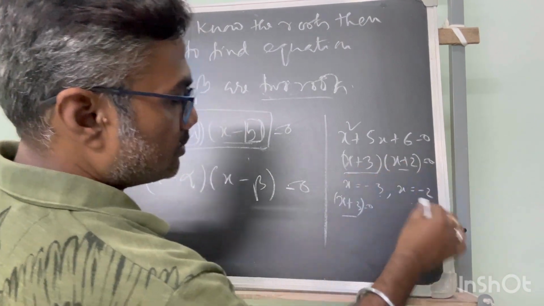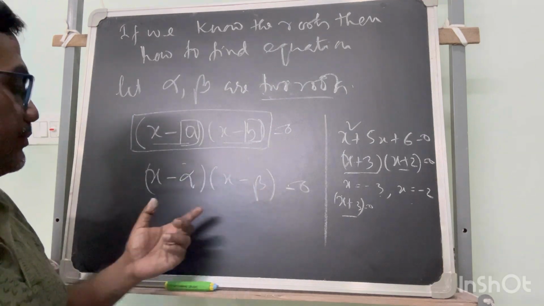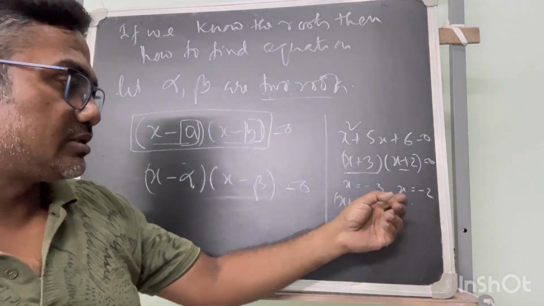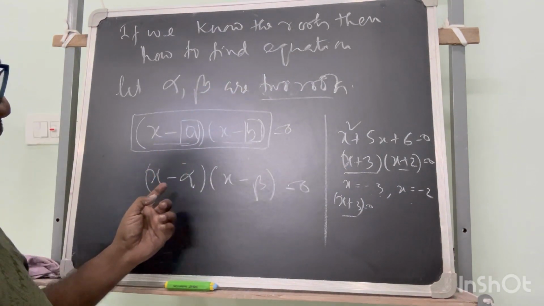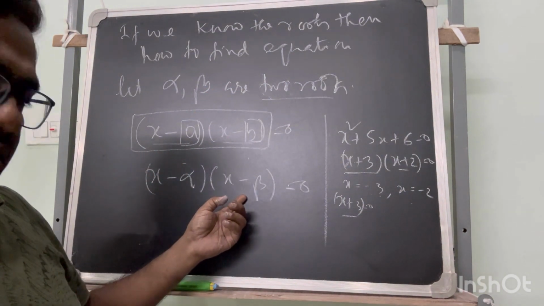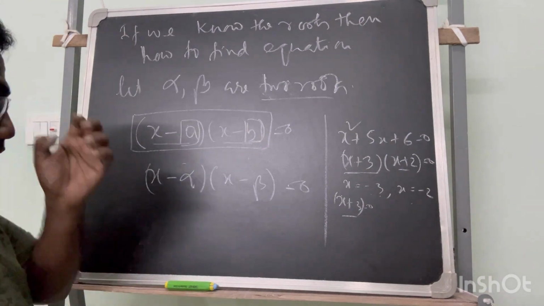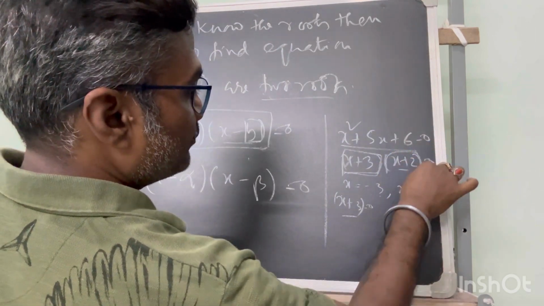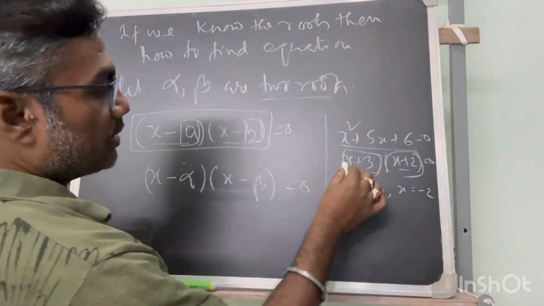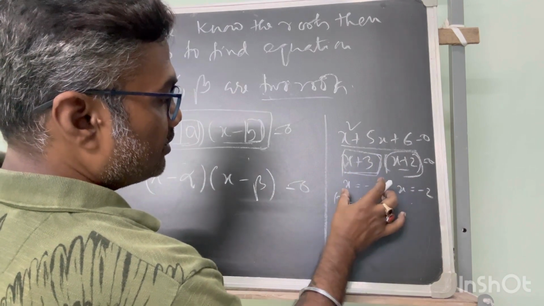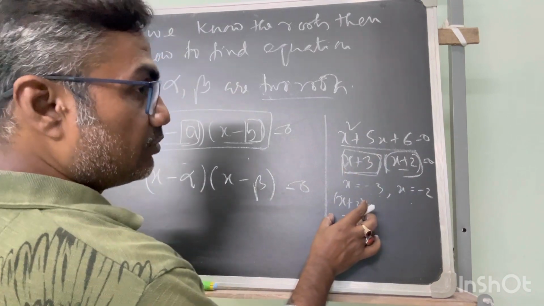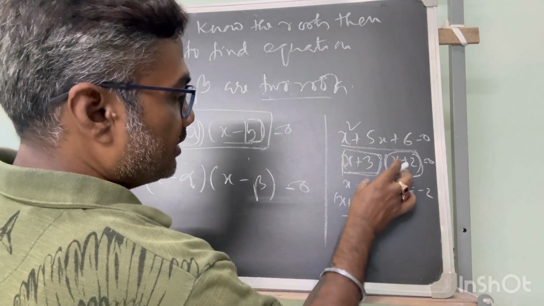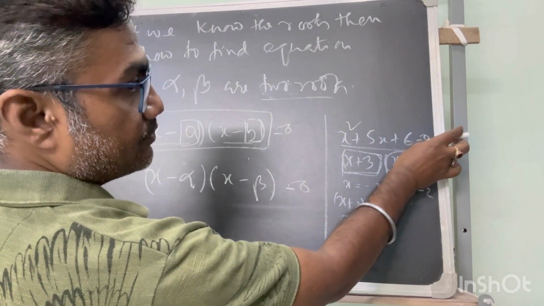In a similar fashion, instead of alpha and beta here we have minus 3 and minus 2, so x minus alpha and x minus beta are the factors. Why am I saying factors? Because this will perfectly divide this and this will also perfectly divide this. And from the factors individually, if I make them 0, I will get the value of the roots. Value of the roots means the value of the variable for which this expression becomes 0.